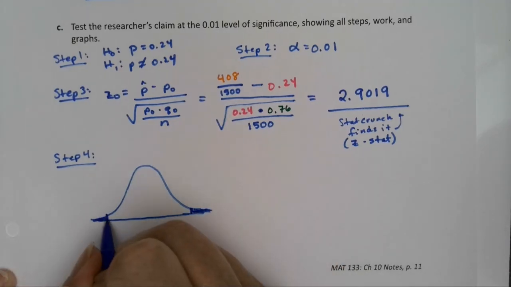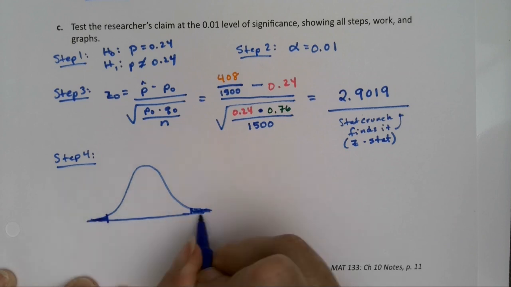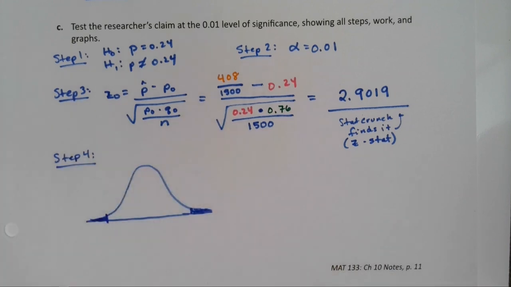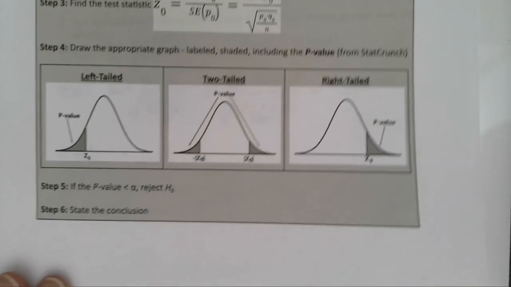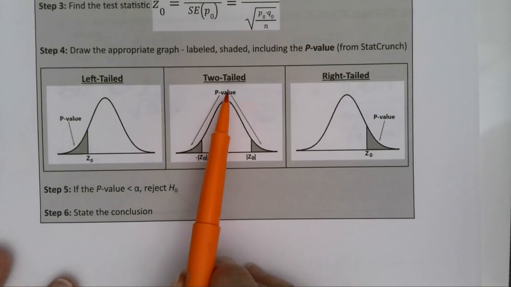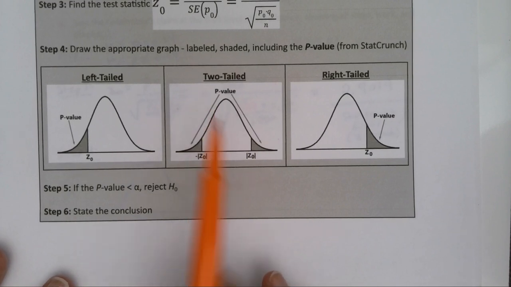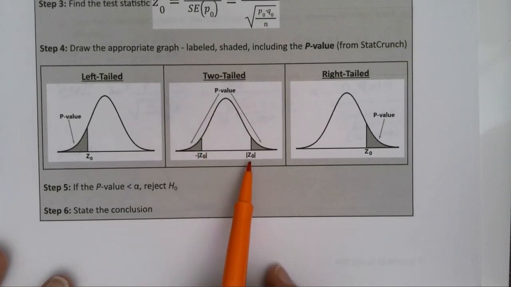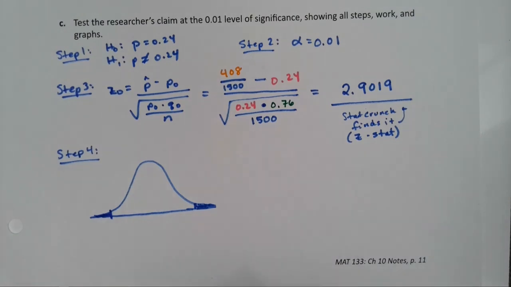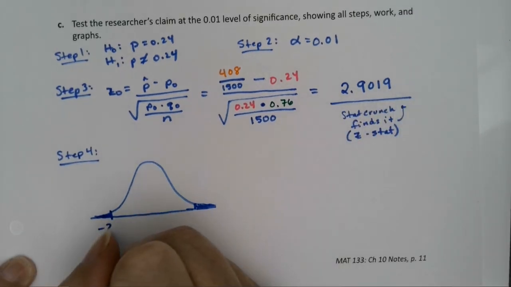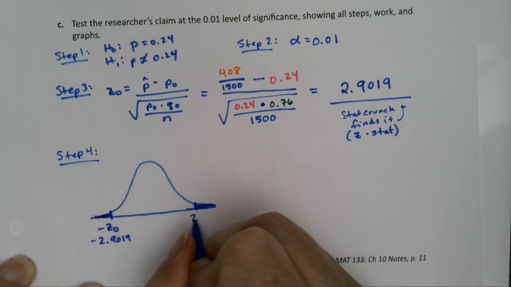Now the p-value is actually both tails put together. So if you look at how I drew it on the paper, I have p-value up here in the middle, and I have 2 arrows pointing down. That's the way you have to do this. And I have a negative z0 and a positive z0. So you take 2.9019, you say negative z0 is negative 2.9019. Positive z0 is positive 2.9019.